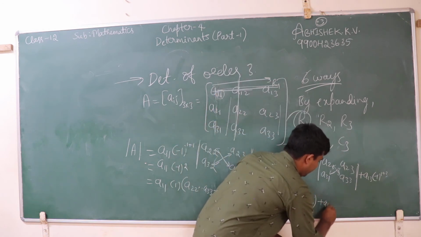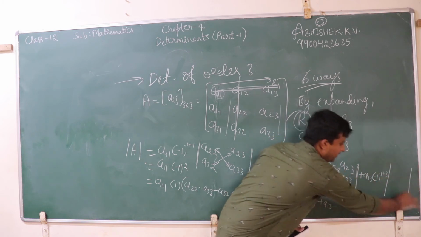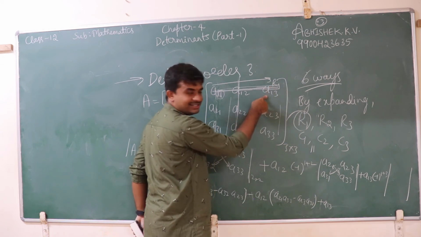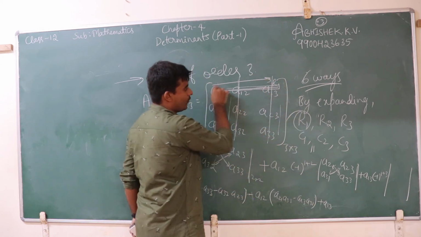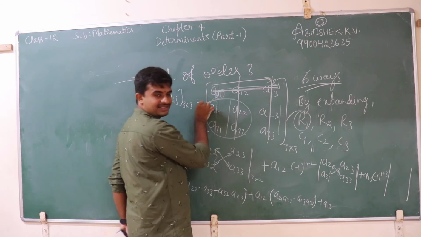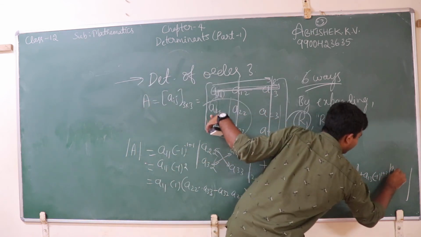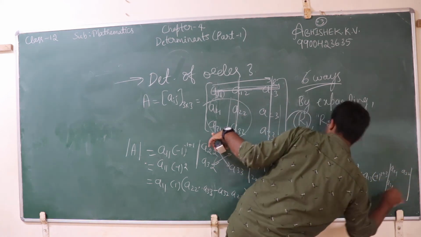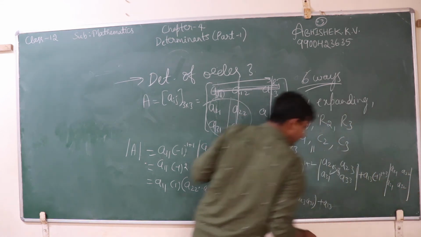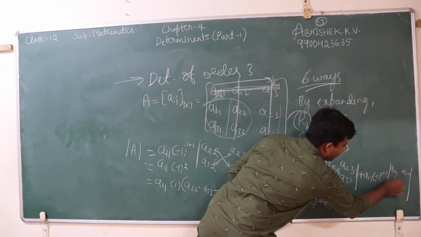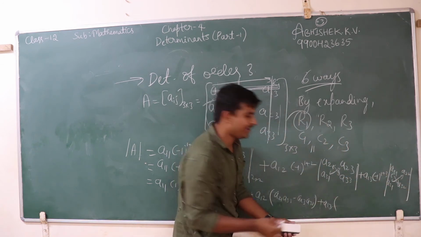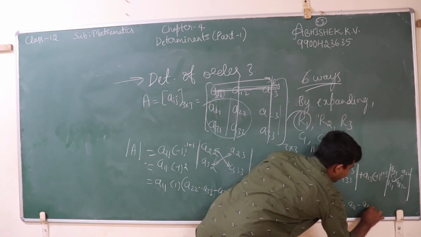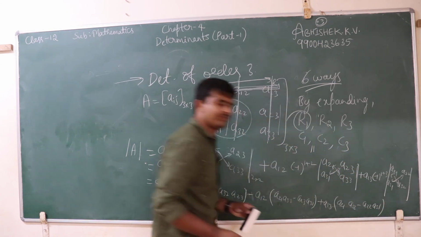So plus A13. By deleting the first row and third column, we are remaining with the determinant of A21, A22, A31, A32, that is the product of diagonal elements minus the product of anti-diagonal elements, A21 A32 minus A22 A31.